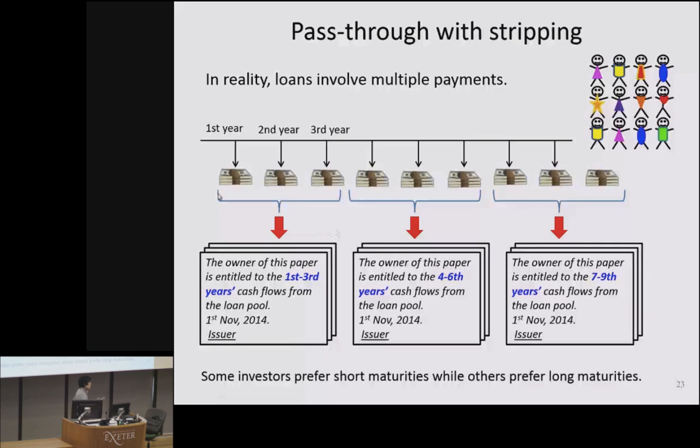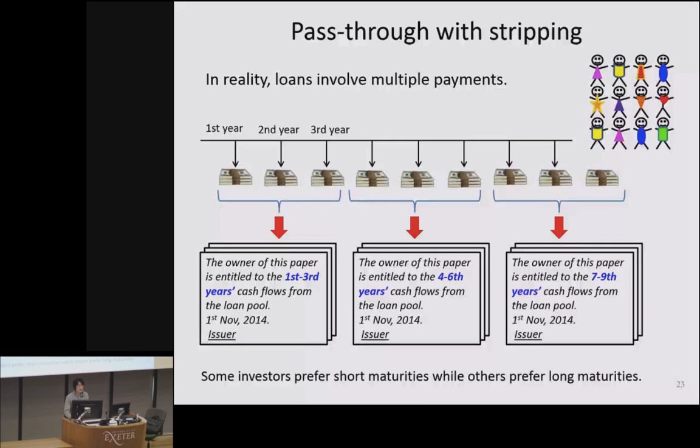Now, in the previous example, Fannie Mae simply collected these mortgages and bundled them and sliced them equally. But they don't have to slice this cash flow equally. After all, investors have different preferences in terms of cash flow timings.